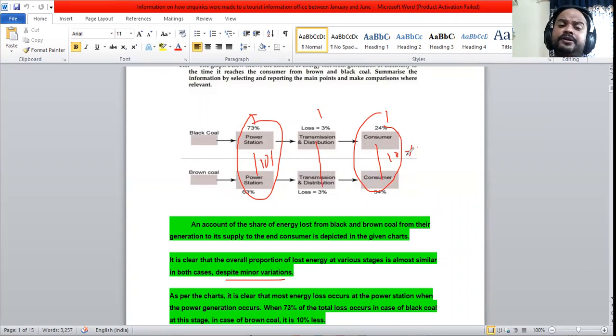Despite minor variations, the overall proportion of lost energy at various stages is almost similar in both the cases of black coal and brown coal. I think that area is also clear.